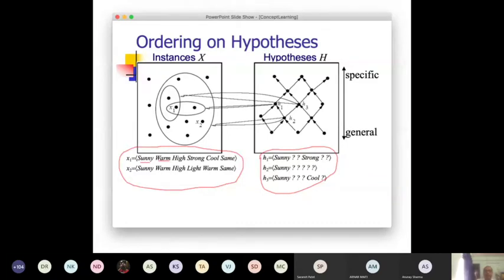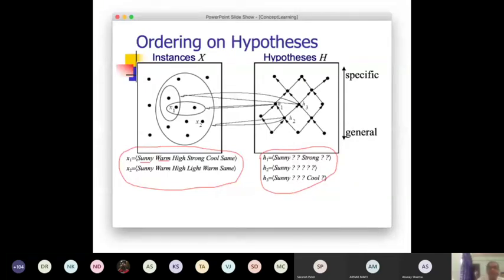Now, in the hypothesis space, there is a schematic diagram, a kind of representation which helps you in understanding these things. This arrow denotes that this hypothesis is more specific than that one.